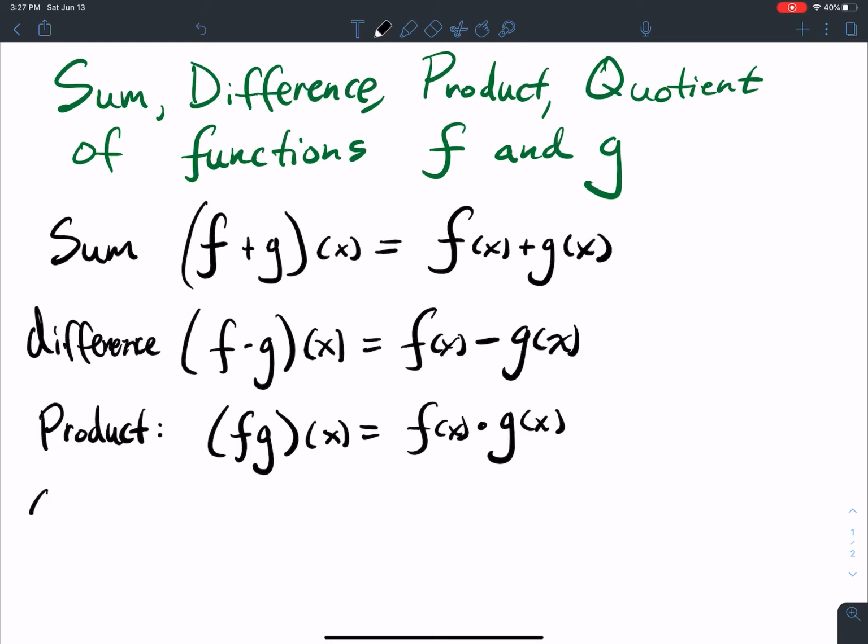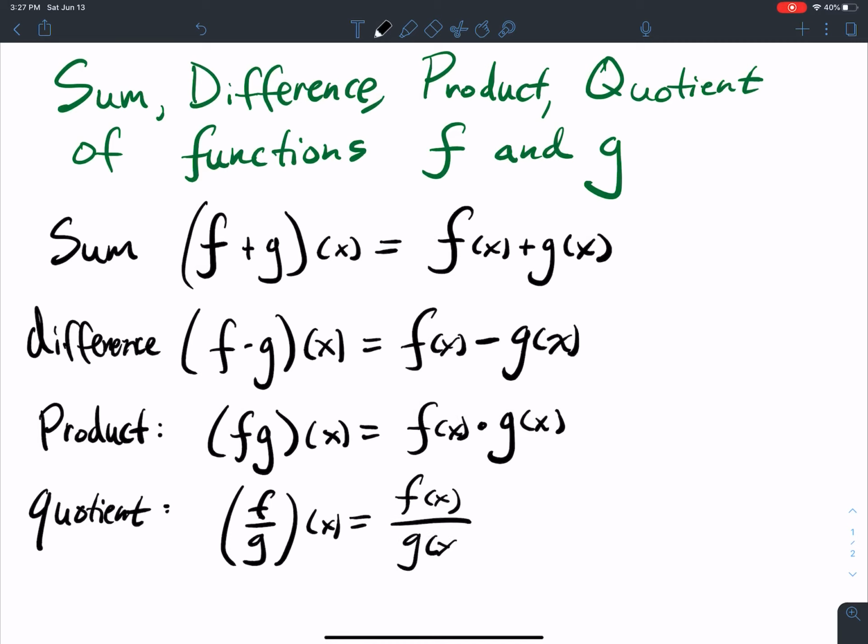And then the quotient is f divided by g of x equals f of x divided by g of x as long as g of x does not equal 0. Okay, still can't divide by 0.